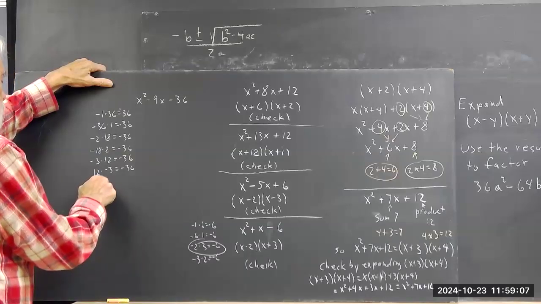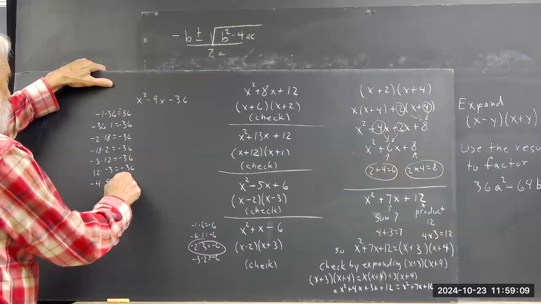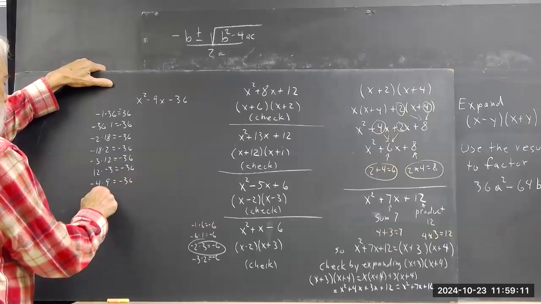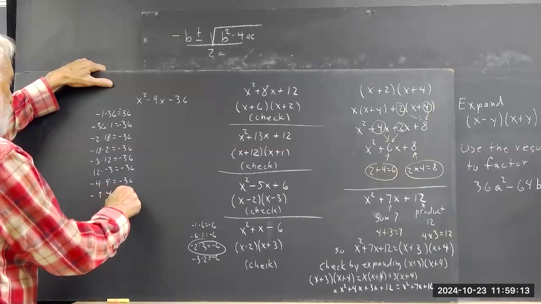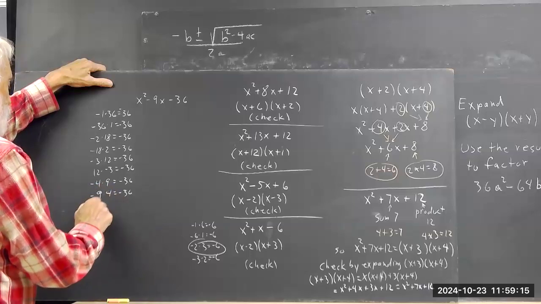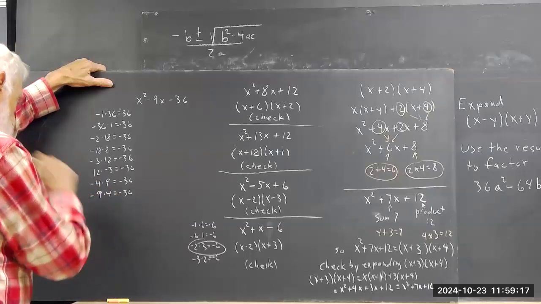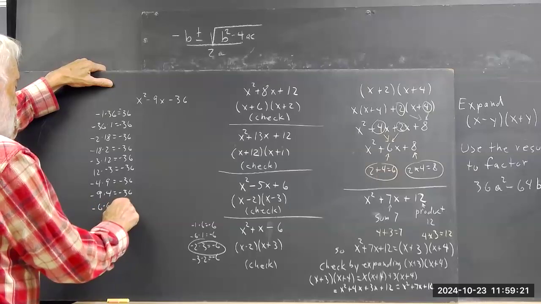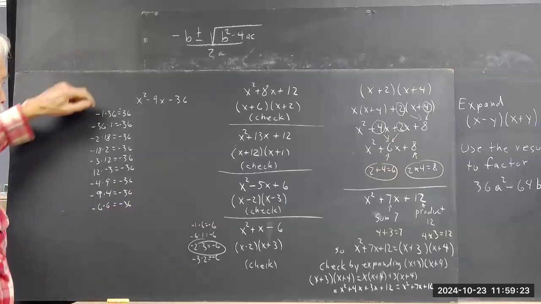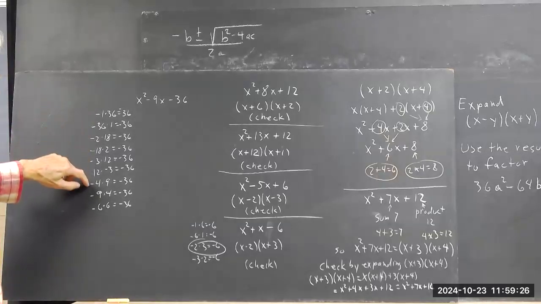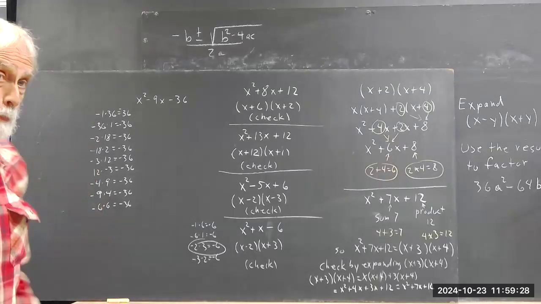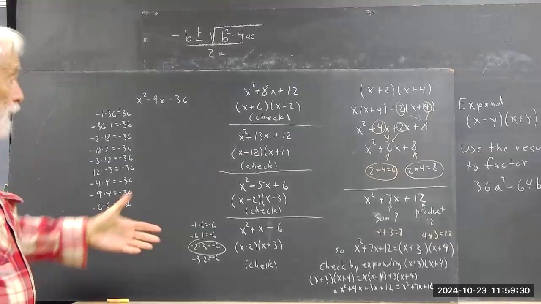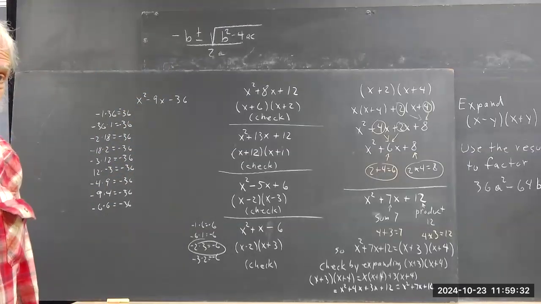Or -4 times 9 equals -36. Or -9 times 4 equals -36. Or -6 times 6 equals -36. You have 1, 2, 3, 4, 5, 6, 7, 8, 9 possible pairs of numbers that give you -36.